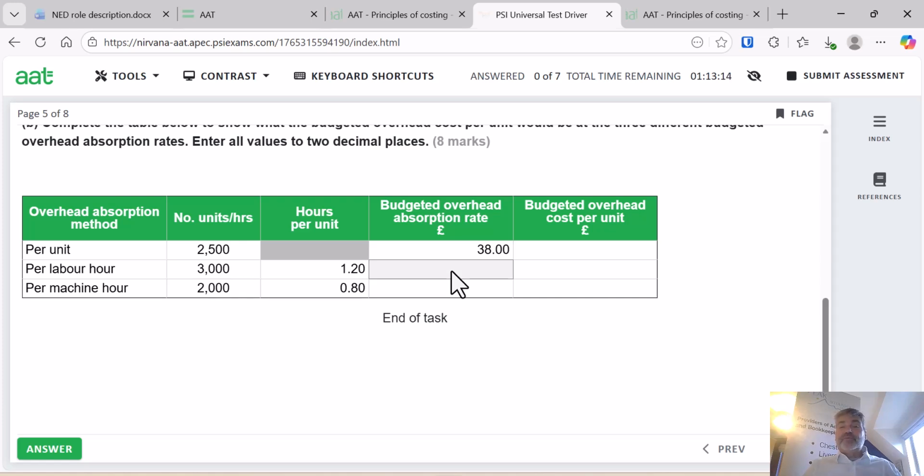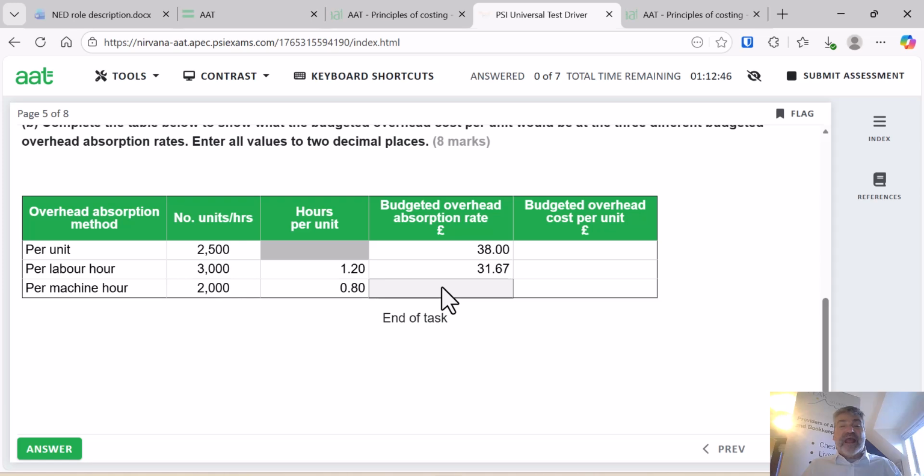If we work out the budgeted overhead absorption rate on a labour hour basis, budgeted overhead cost 95,000 divided by budgeted total labour hours 3,000, that will give us a figure that goes to many decimal places, but we're asked to enter values to 2 decimal places. We'll round mathematically, so £31.67.